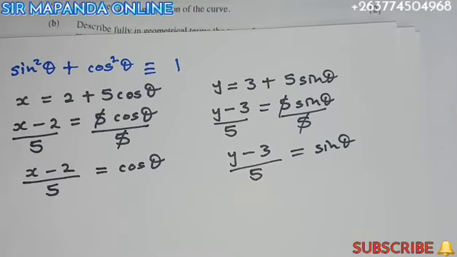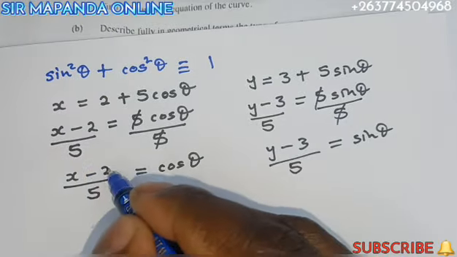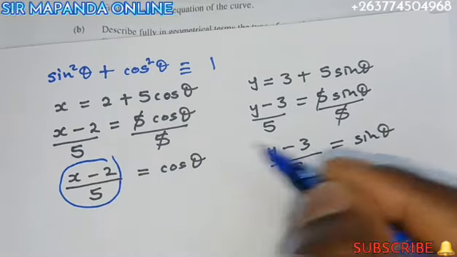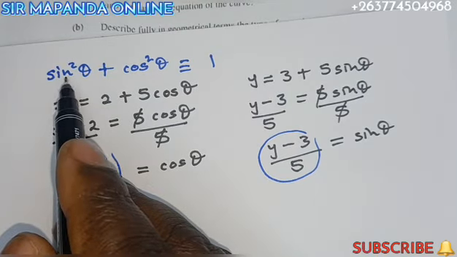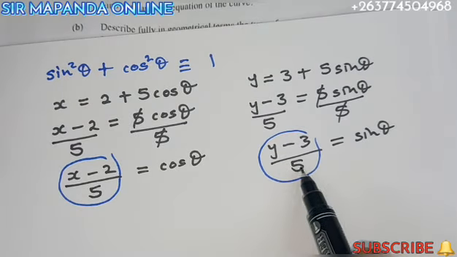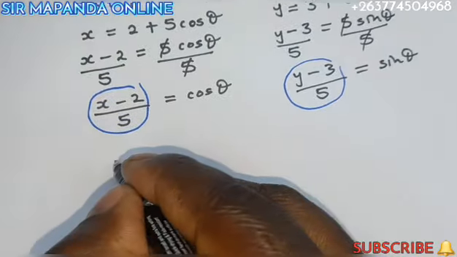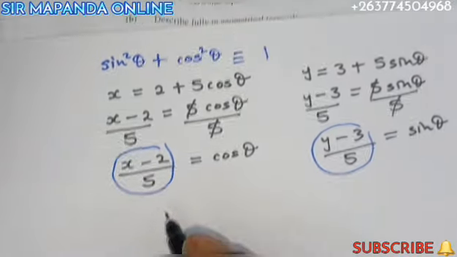I hope you are listening, class. So let us plug these two results, right, in our identity above. On this one, we are going to put y minus 3 over 5 on sine squared theta.